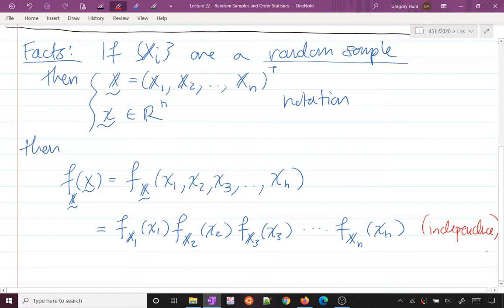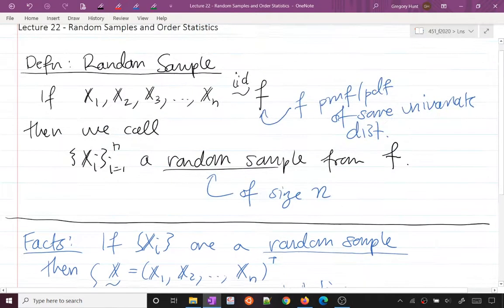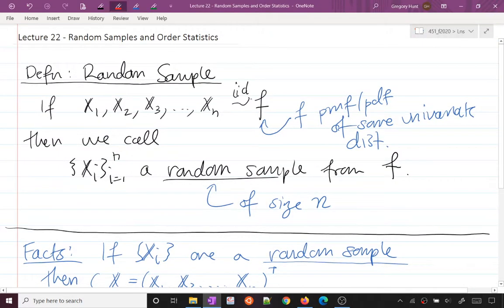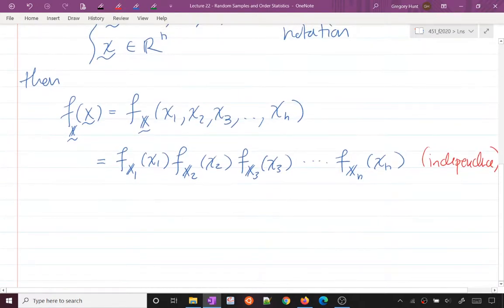So if you recall, we have IID random variables. The first I is independence, which allows us to do this factorization. And the second I is identical. And then we have a D for distributed, so identically distributed, which means that the marginals are all the same. So generically we say F is the marginal distribution of each of these.